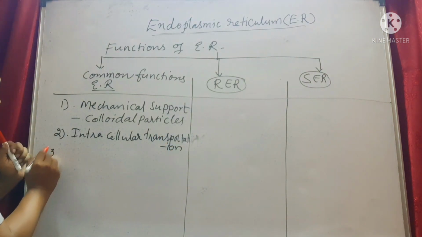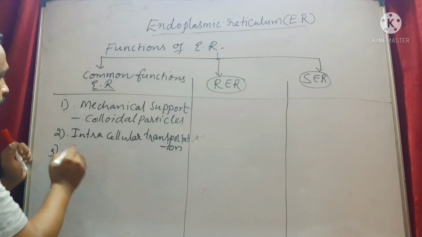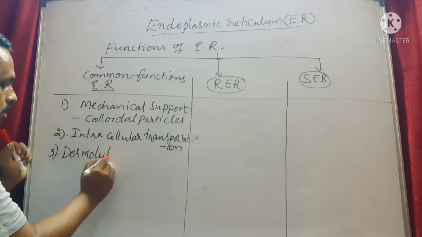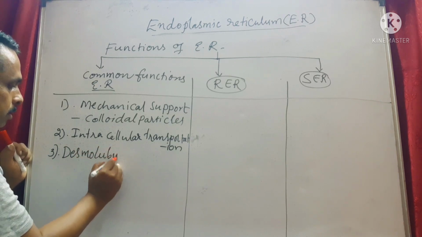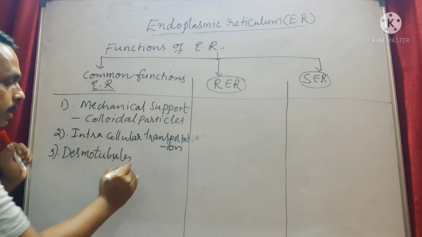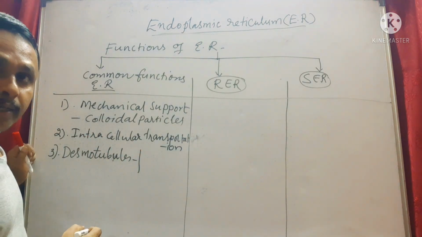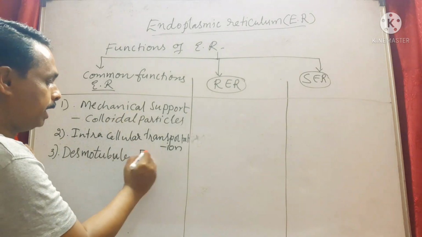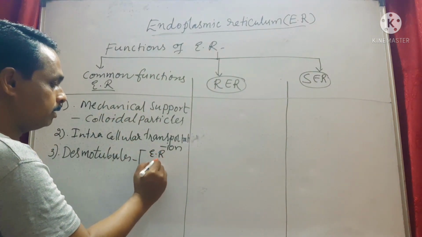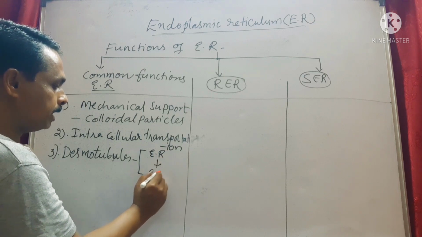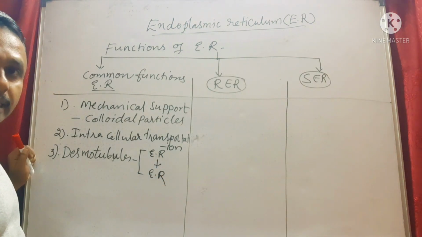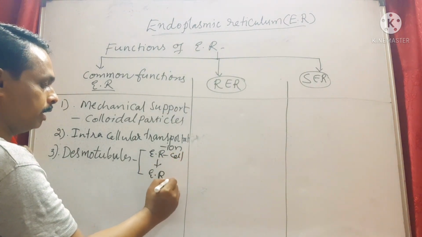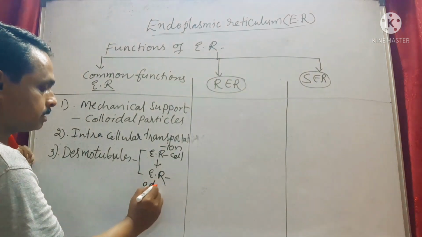And the third function is, these are involved in formation of desmotubules. These desmotubules are important for interconnection of the endoplasmic reticulum of one cell to the endoplasmic reticulum of adjacent cells.